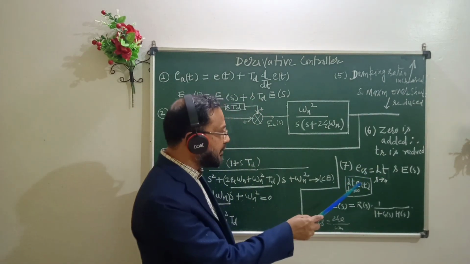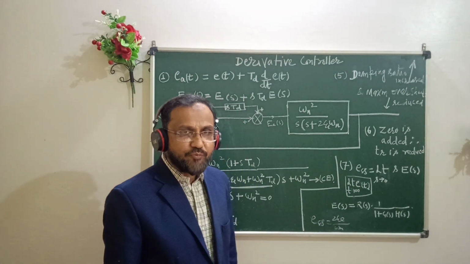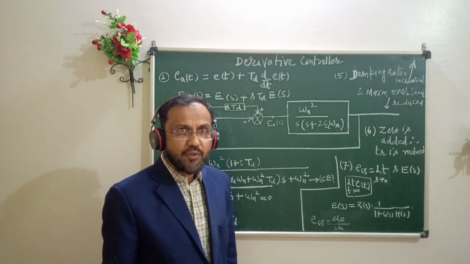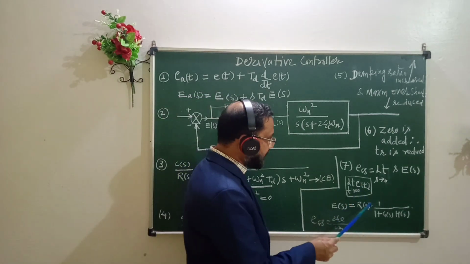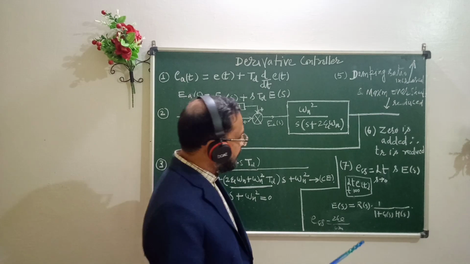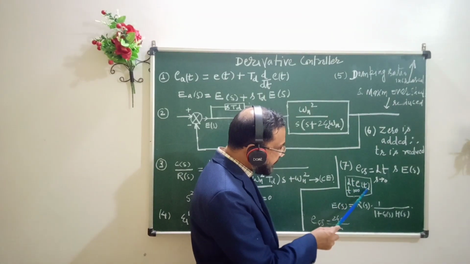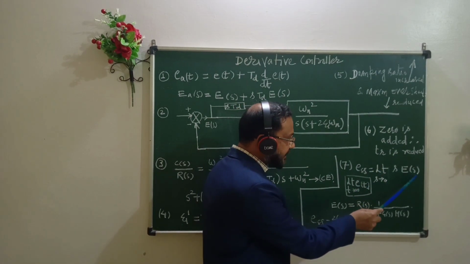Now we know final value theorem. Limit of t tends to infinite f(t) is equal to limit of s tends to 0 sF(s). This final value theorem is written for the error signal, therefore it becomes limit of t tends to infinite e(t) equal to limit of s tends to 0 sE(s).